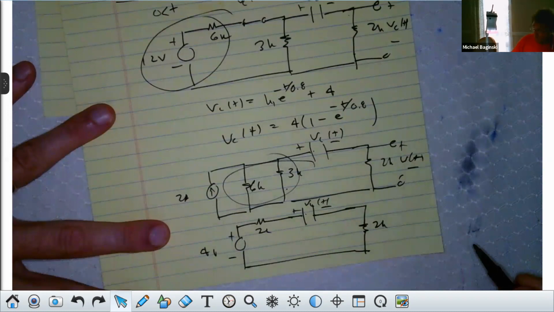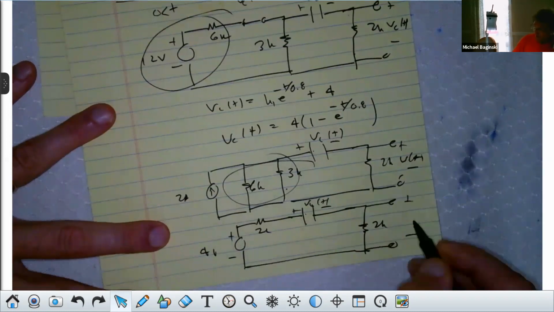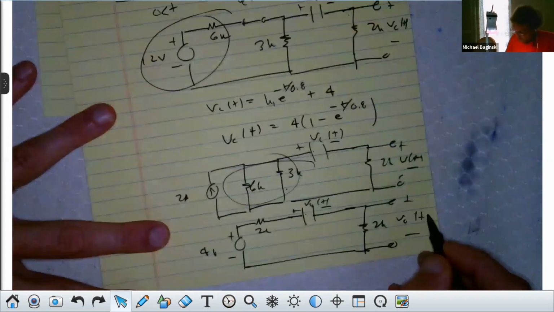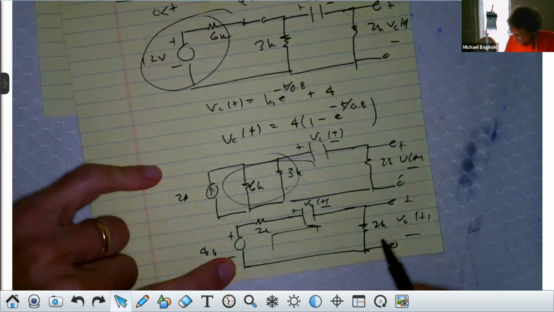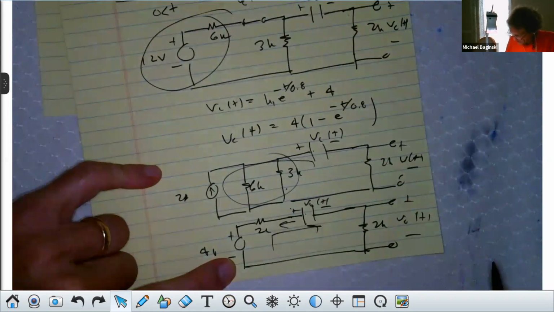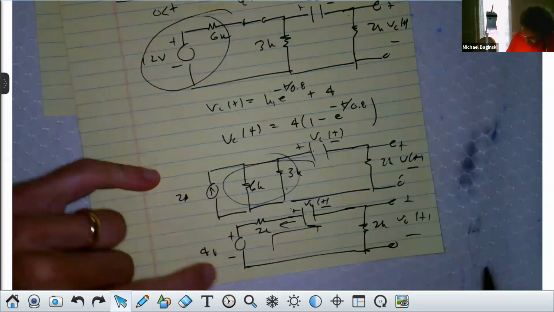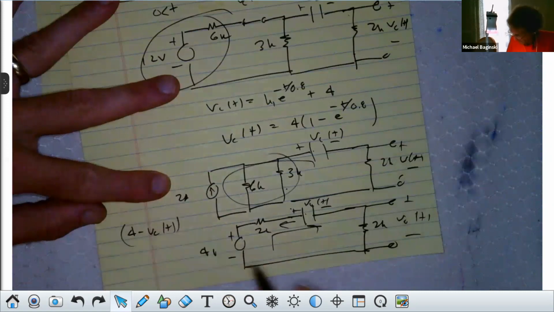Now, I want this voltage, right? Mm-hmm. All right, take a look at this. This should be obvious. You see I have 4 volts trying to push current this way, and I have VC trying to push current this way, right? Mm-hmm. That means the net voltage is what? 4 minus VC of t. That's the net voltage I have, isn't it?